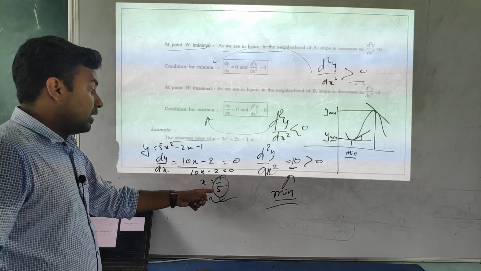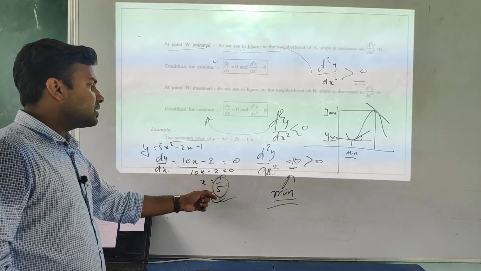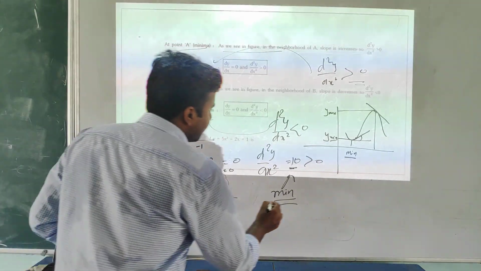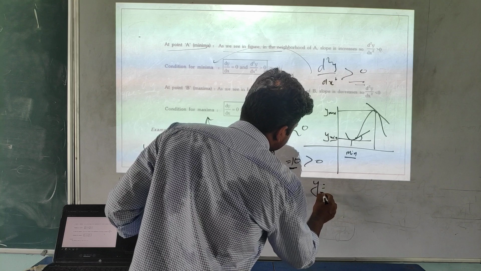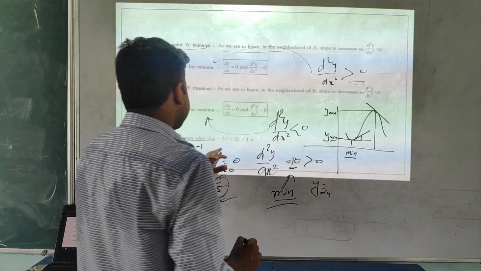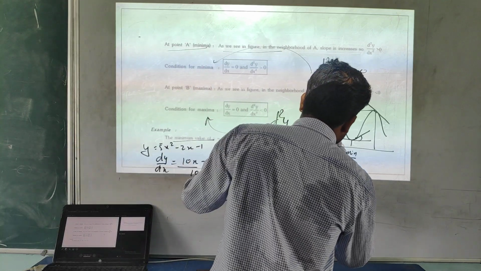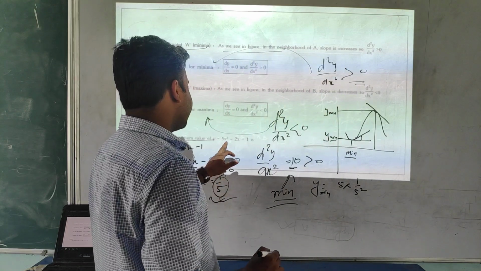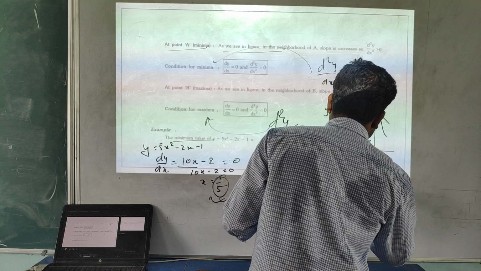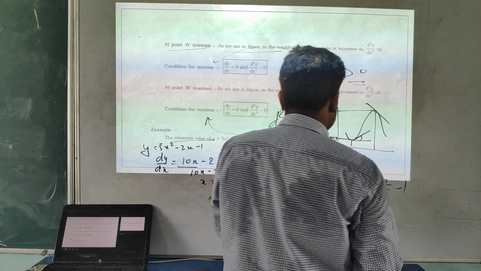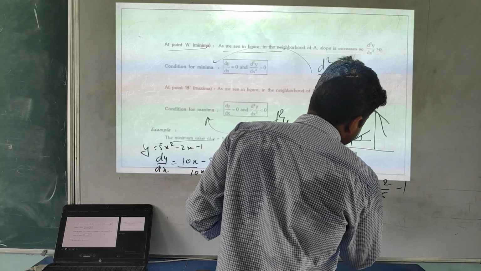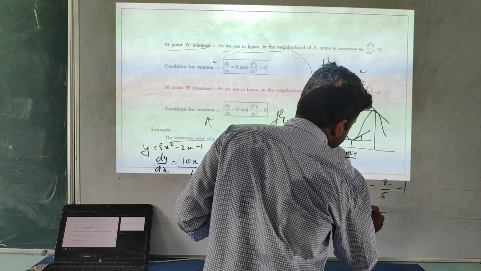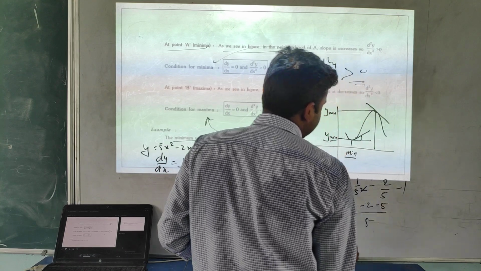Now here we have a value of x, and at this value we will get the minima. So y minimum equal to what will you get? Y minimum you will get 5 into 1 by 5 square, I am putting the value of x, minus 2 by 5 minus 1. Now if you solve this, the LCM is 5. 1 minus 2 minus 5.